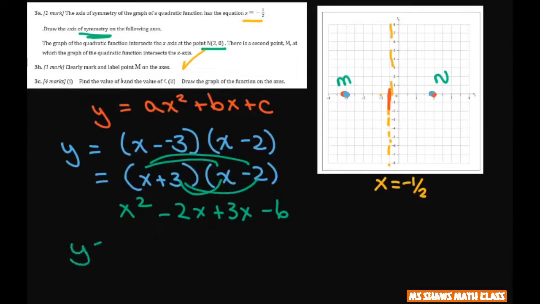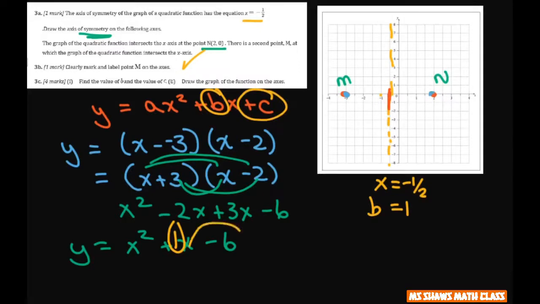So this yields x squared plus x minus 6. Now what they want is your b and c. So your b is going to be 1. And your c is going to be negative 6.